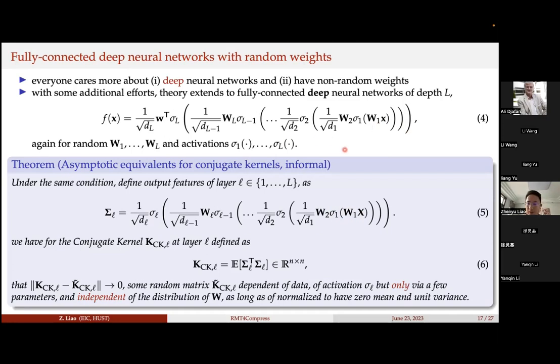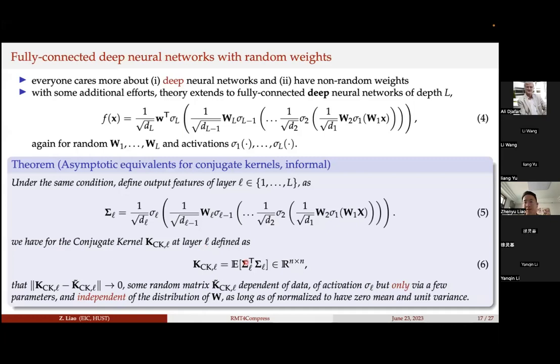And then we focus on this feature after the L-th layer. In particular, we care about this so-called conjugate kernel, which just extends the previous kernel that we looked at in the shallow case, okay? We care about this conjugate kernel matrix K that tells us the correlation of the features obtained after the L-th layer of the network, okay?